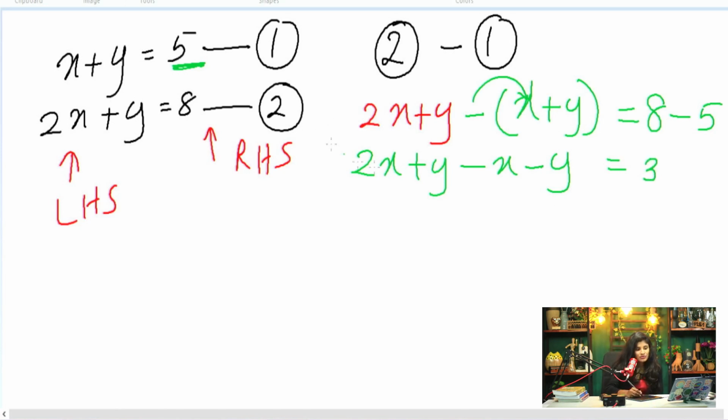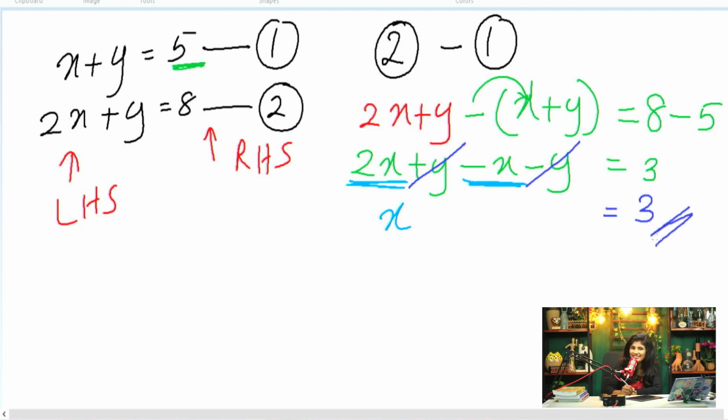Okay, so I'm going to simplify the like terms now. 2x minus x means only x is remaining. And here you have positive 1 and negative 1, positive 1 is cancelled by negative 1, so there is no y there. So x equals 3. We got the value for x.